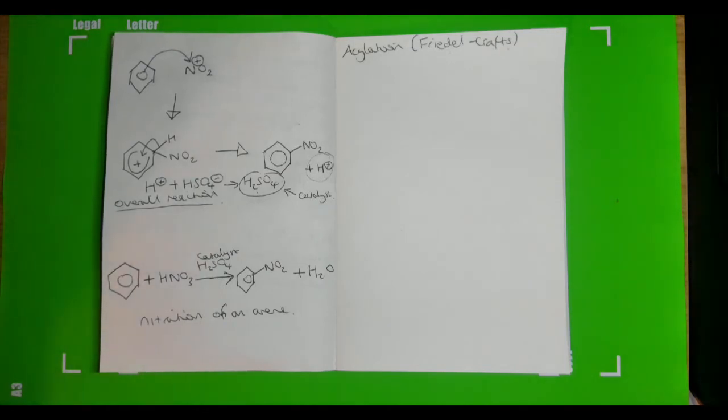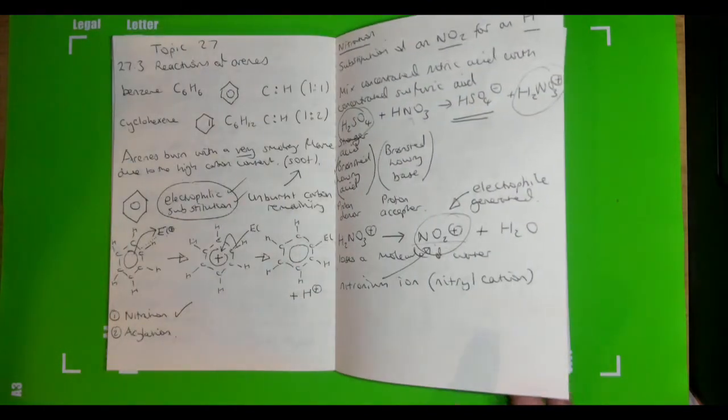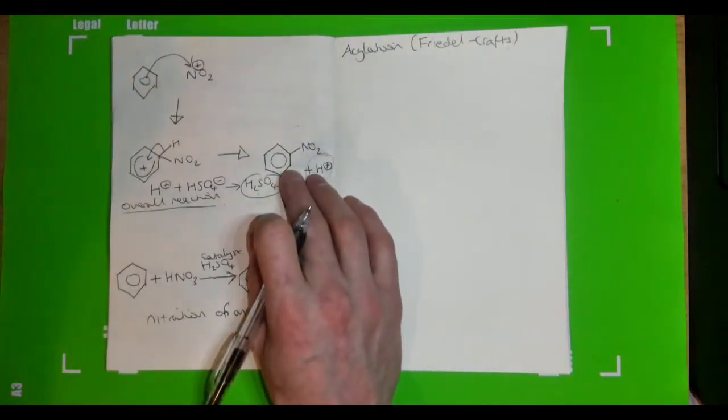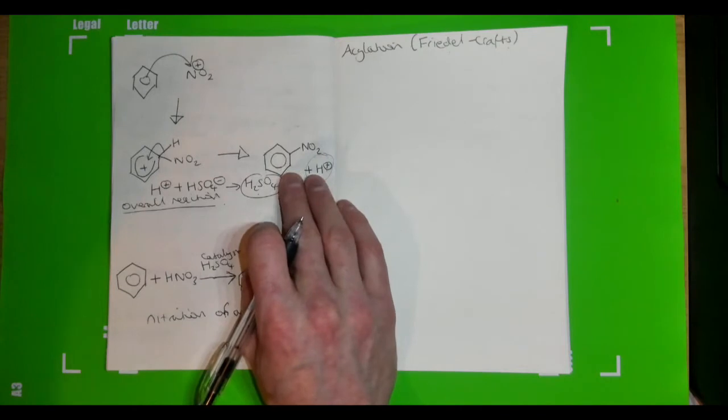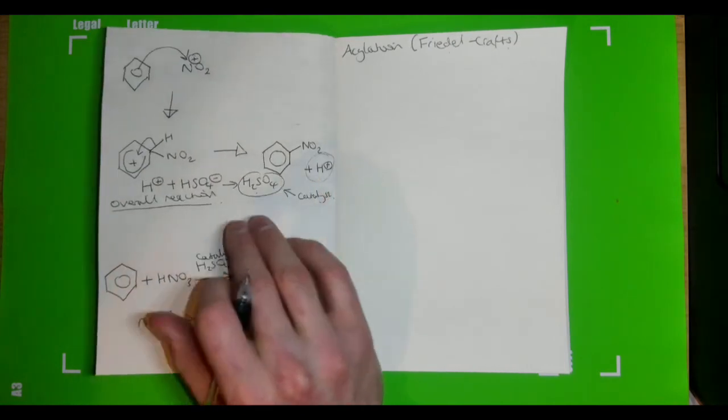So what we're going to do is we're going to do this particular reaction as well. So the first step is to generate the electrophile, just like we've done here. So the first step is to take your aluminium chloride and react that.